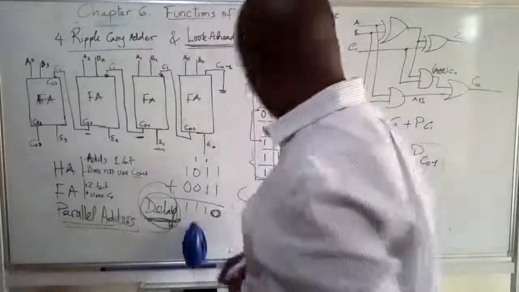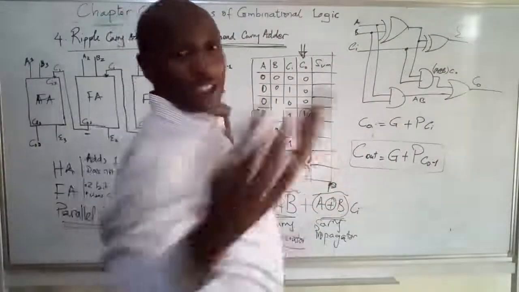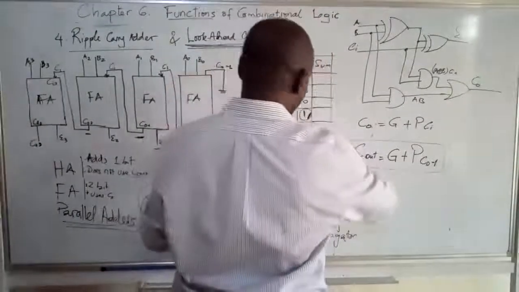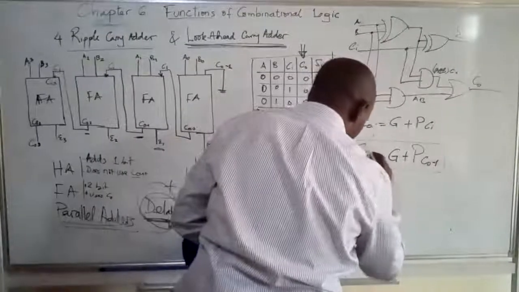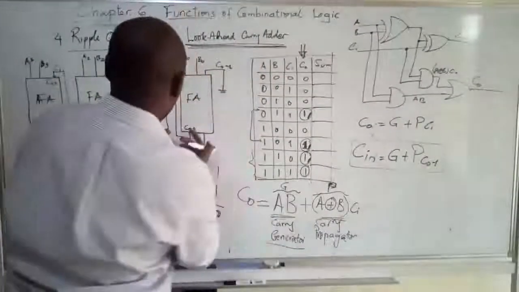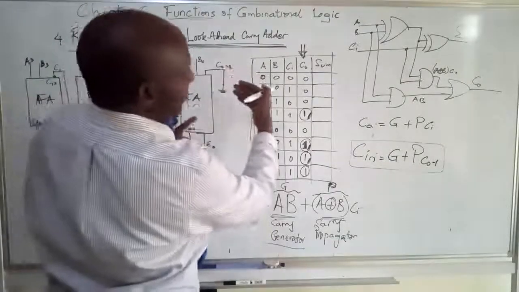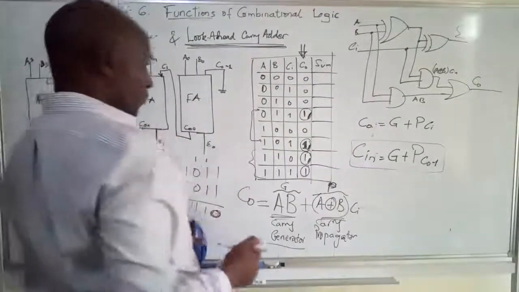If you want, we can say C in is equal to C in for the second one, because to have a C in, it comes from the previous full adder.